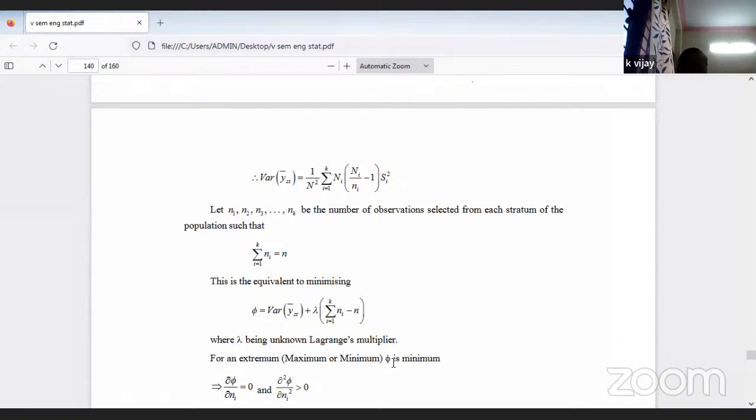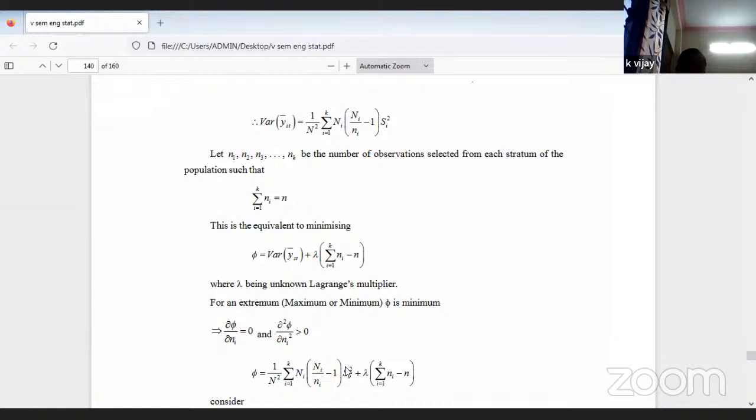For an extremum, maximum or minimum, you can take the partial differentiation. So dou phi by dou n_i is equal to 0, and dou square phi by dou n_i square is greater than 0. Why? Because the first partial derivative we are taking is equal to 0. So phi is equal to 1 by n square summation of i is equal to 1 to k N_i (N_i minus n_i) by n_i S_i square plus lambda summation of i is equal to 1 to k n_i minus n.